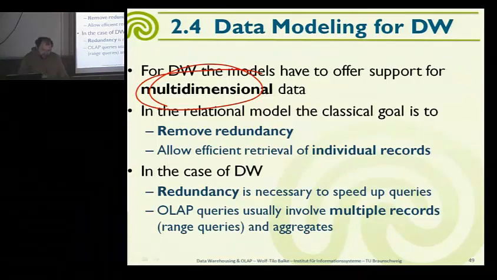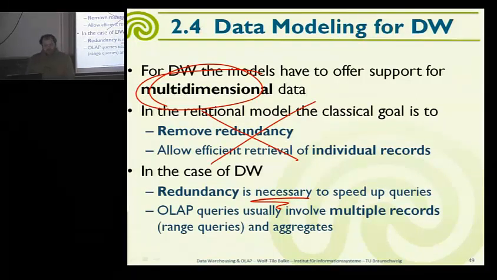So what we do is not remove redundancy and allow the efficient retrieval of individual records, but we say redundancy is necessary to speed up access, right? So we want redundancy, we need redundancy, and we only focus on multiple tuples. We want all the sales in one location, we don't want the individual sales.